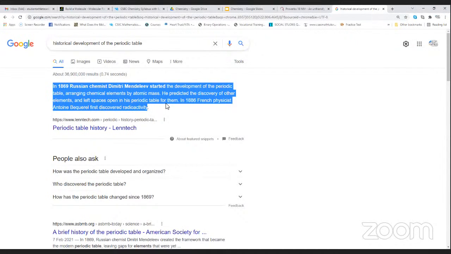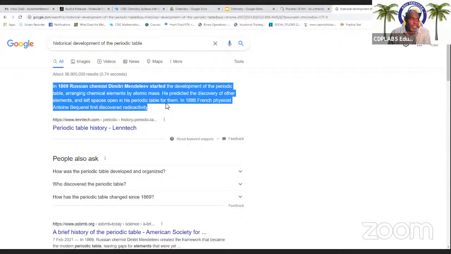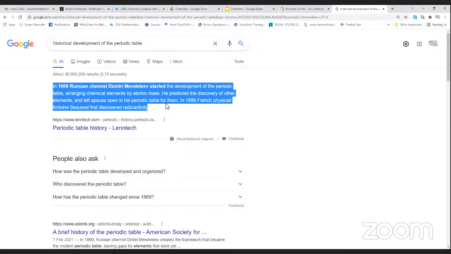In 1869, Russian chemist Dmitry Mendeleev started the development of the periodic table, arranging chemical elements by atomic mass. He predicted the discovery of other elements, leaving spaces open in his periodic table for them.